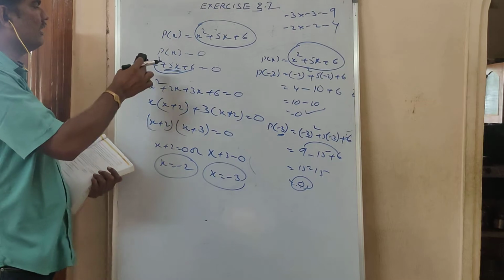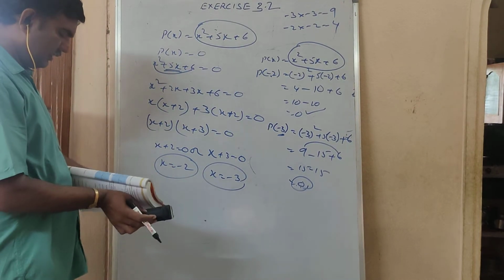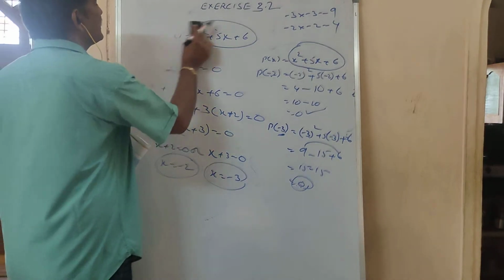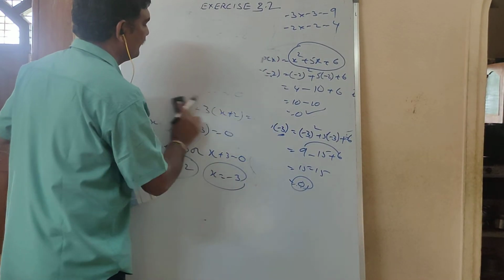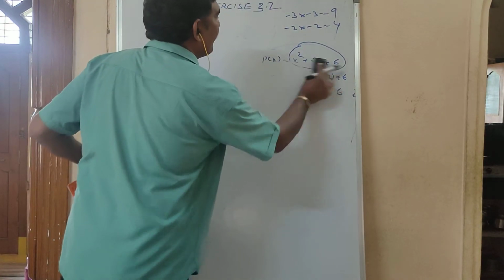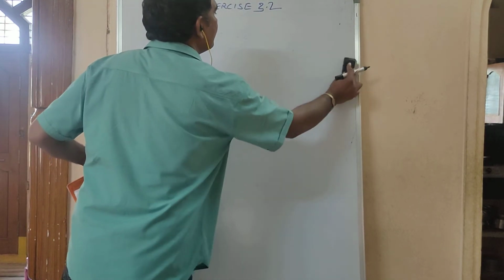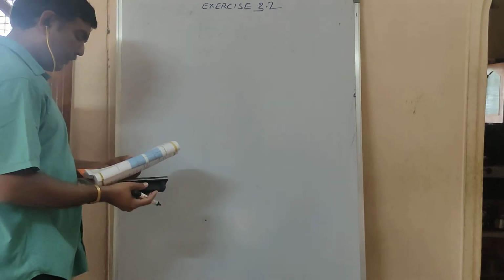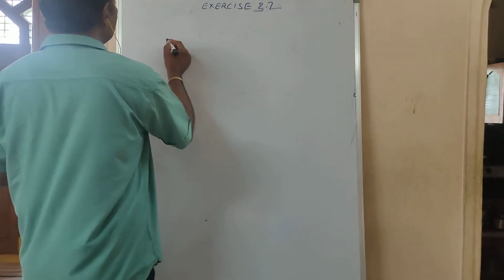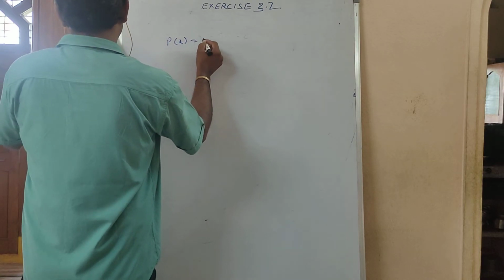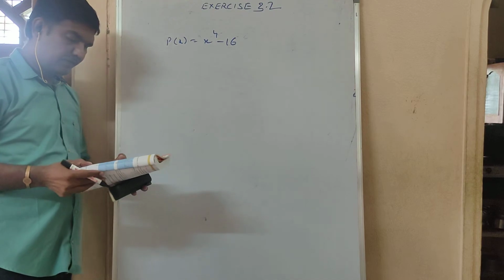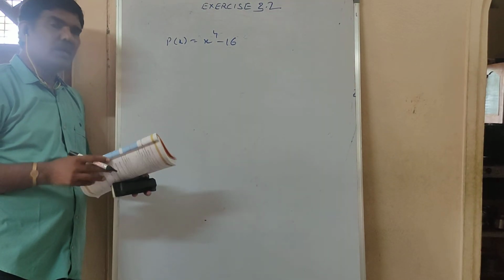So it is solving of a quadratic equation. It is very important. Try to do it. And one more sum. One more sum is p of x is equal to x power 4 minus 16. p of x is equal to x power 4 minus 16.